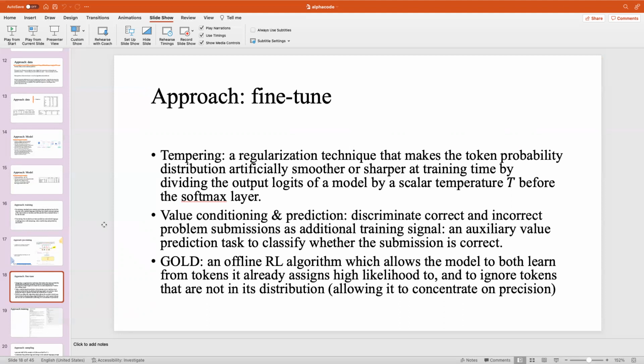Another technique AlphaCode uses is value conditioning and prediction. The idea is pretty simple: it tries to discriminate correct and incorrect problem submissions as an additional training signal.